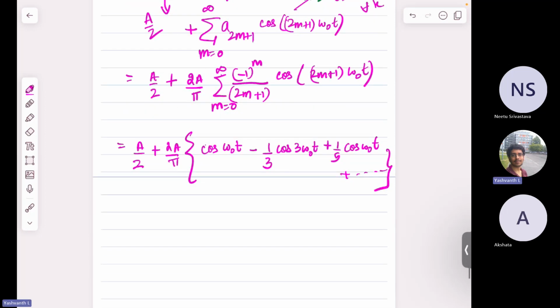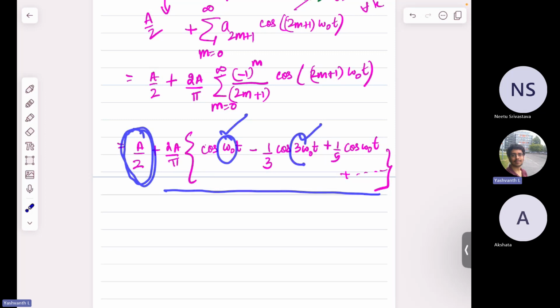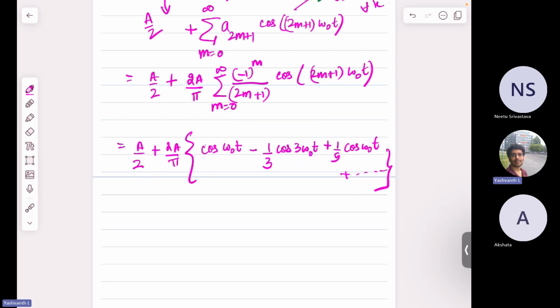So what do you observe? You observe a DC term, that's a constant term, plus multiple odd harmonics: omega naught, 3 omega naught, 5 omega naught, 7 omega naught, 9 omega naught, and so on. Therefore, x of t contains odd harmonics.